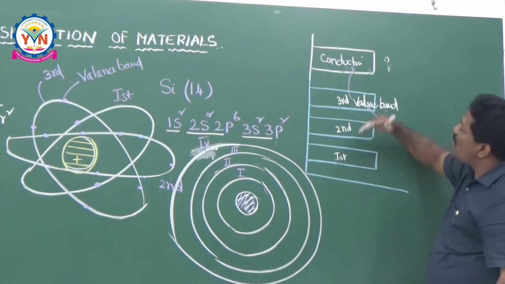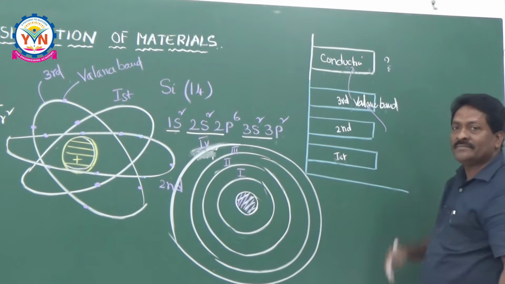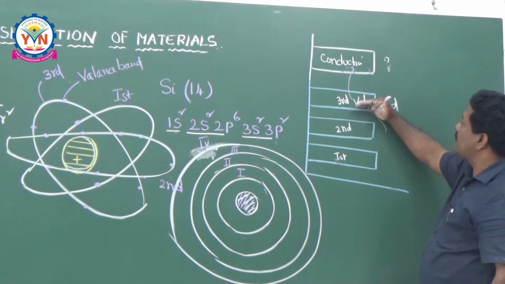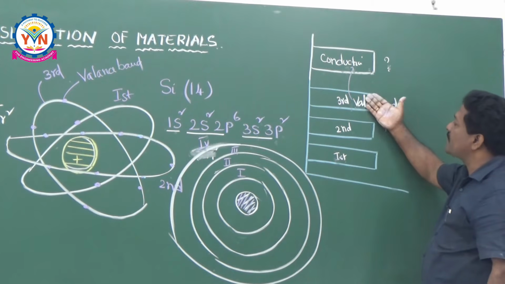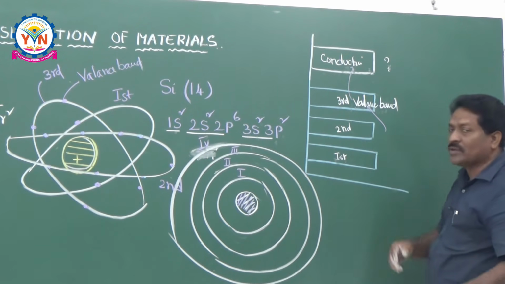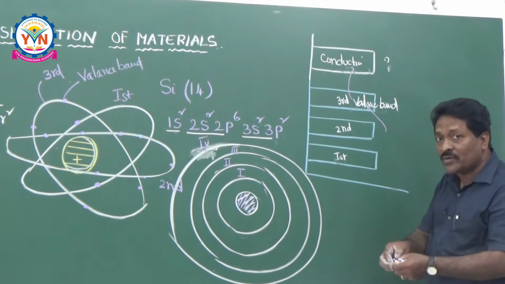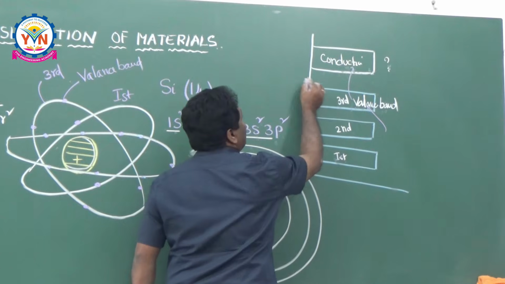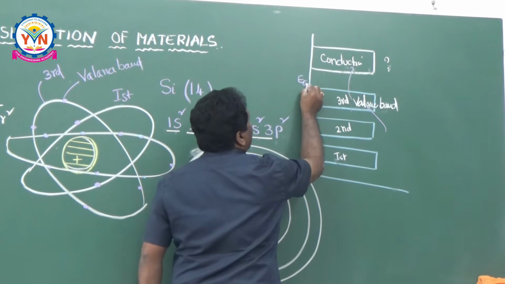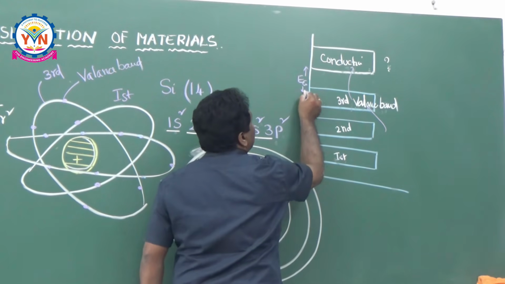Now, how much energy do we have to give for them? Third orbit, that means valency band, the last band, has more energy level compared to the first band and second band, there is no doubt about it. But how much energy do we have to give? That energy is nothing but the forbidden gap energy Eg that exists between this and this.